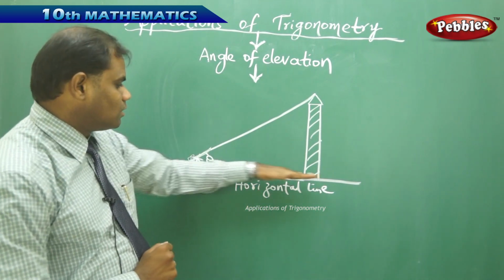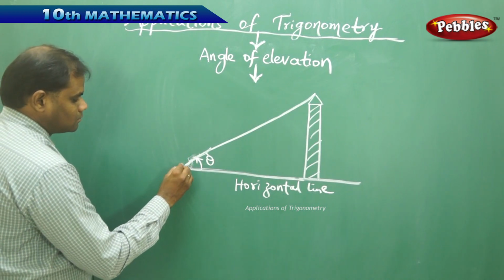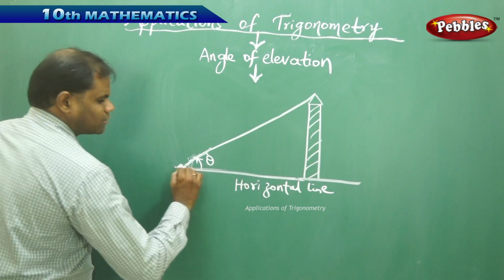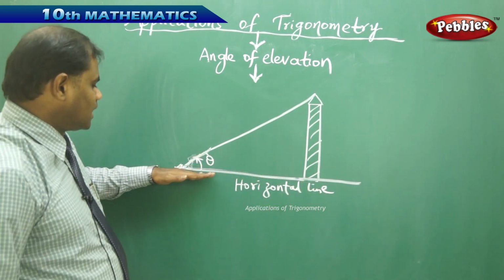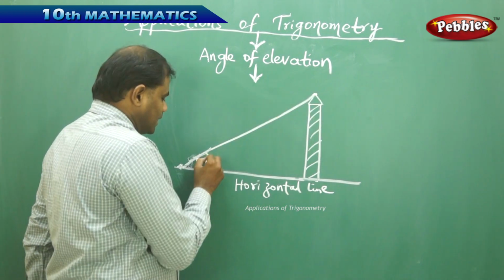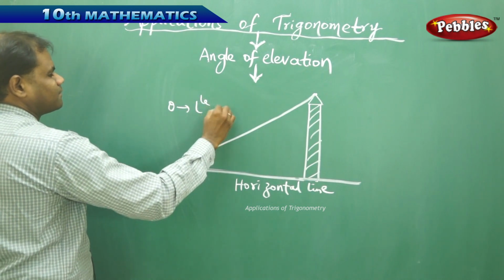If this is the eye and the horizontal line is this, then I raise by angle theta to see exactly the top of the tower. That angle is called angle of elevation.